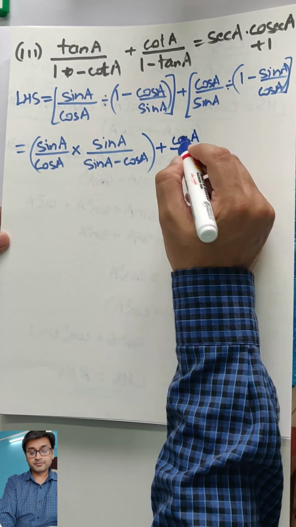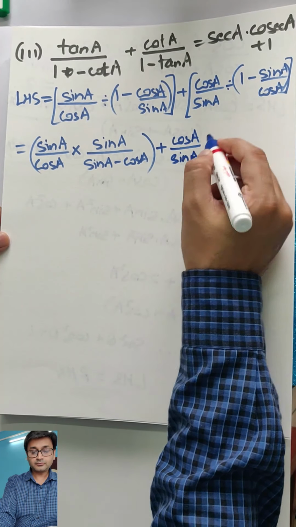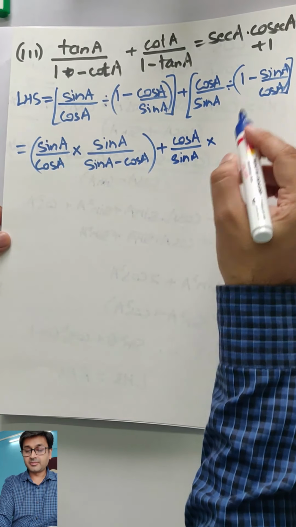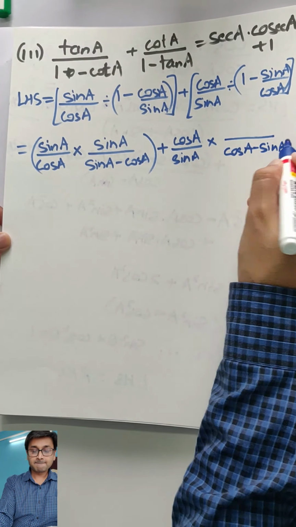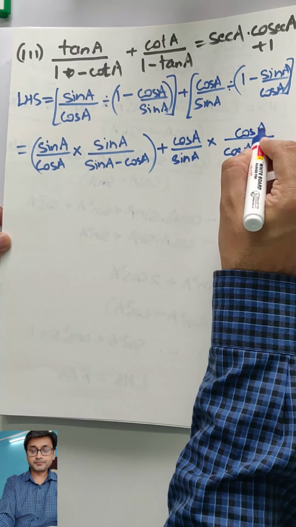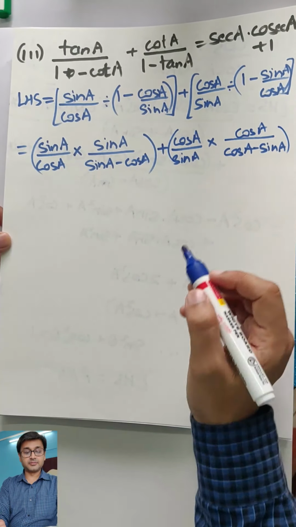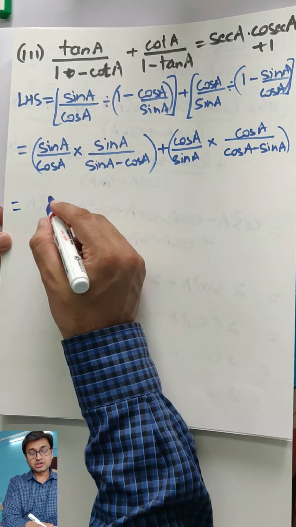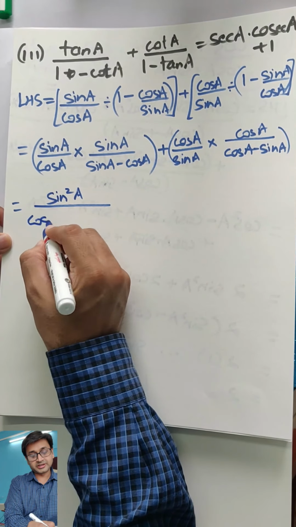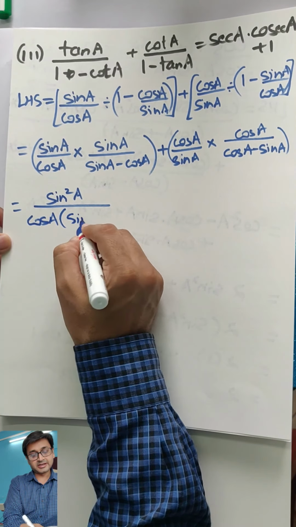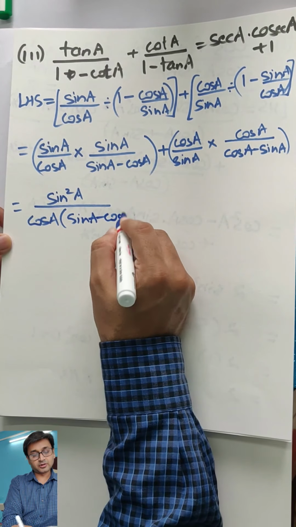So cos a upon sin a multiplied by cos a minus sin a will come down and this cos a will go up. So there you go with the second part. Merging these two, I will get sin square a upon cos a into sin a minus cos a.